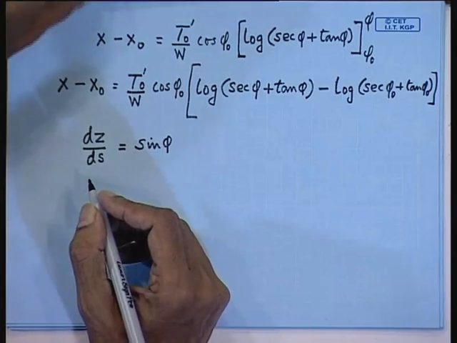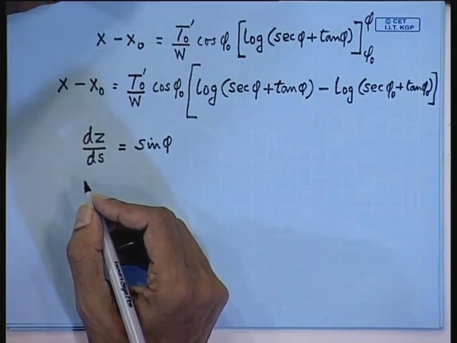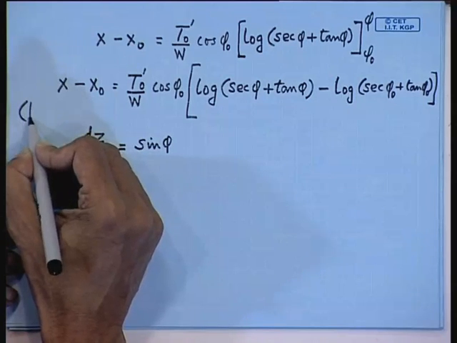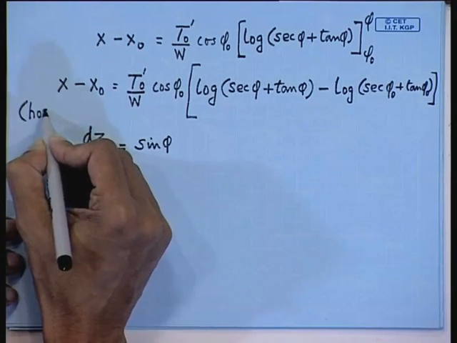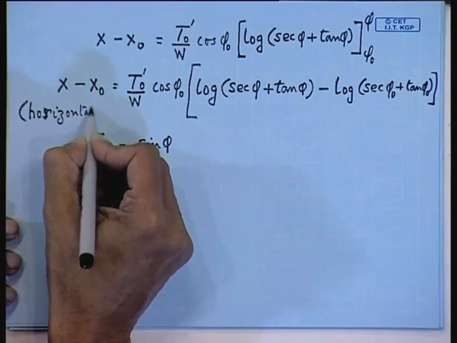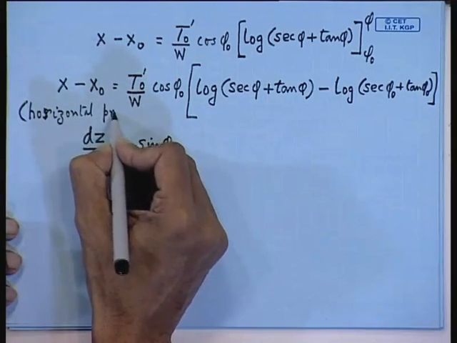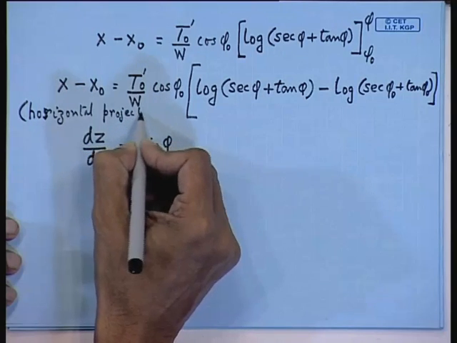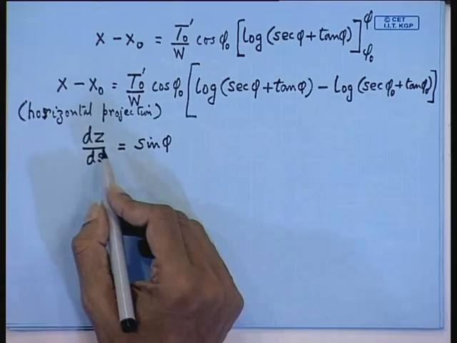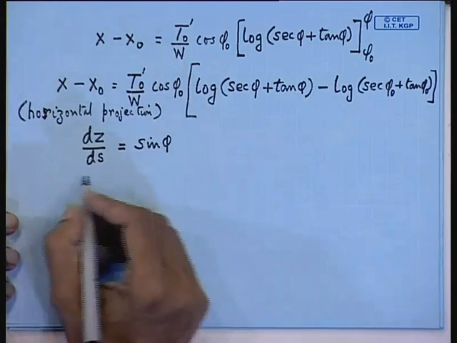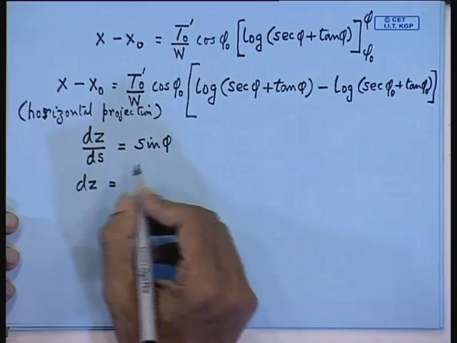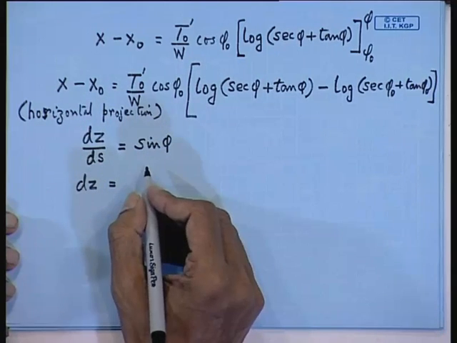You have calculated the horizontal projection, x minus x naught, called the horizontal projection of the catenary. This expression is simple: dz over ds is equal to sine phi. If you integrate, you have to substitute the value of ds.